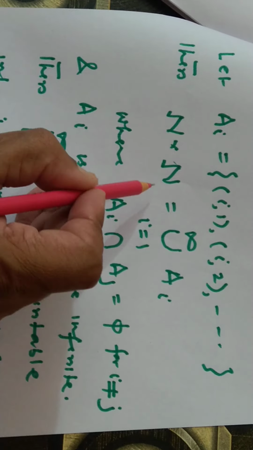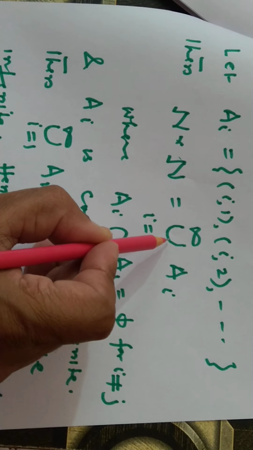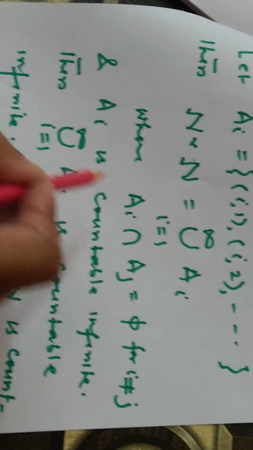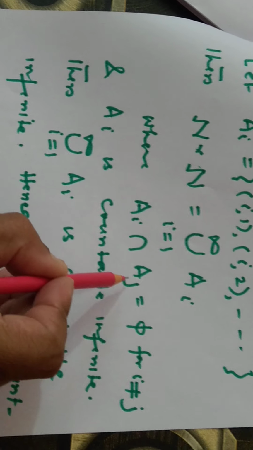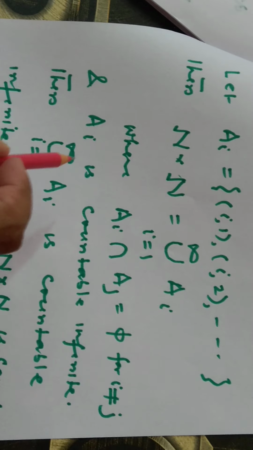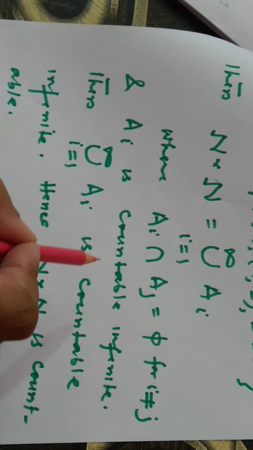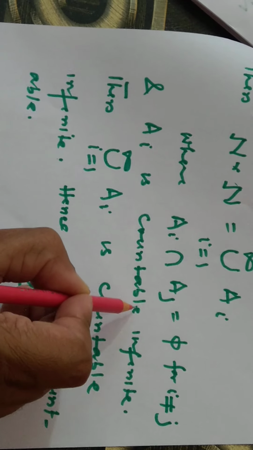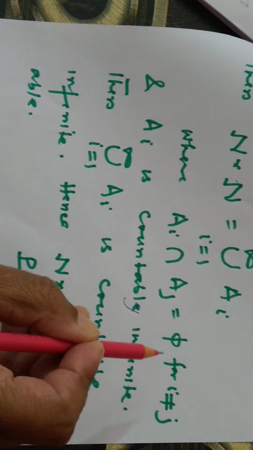Then N cross N is the arbitrary union of the sets A_i, where A_i intersection A_j is equal to the empty set for i is not equal to j, and A_i is countably infinite.